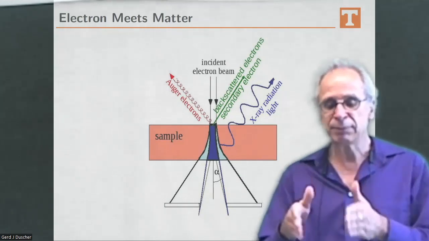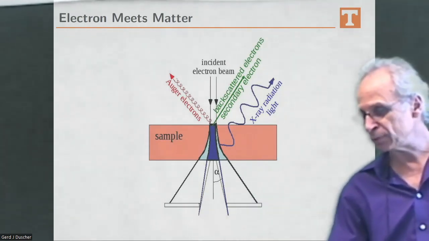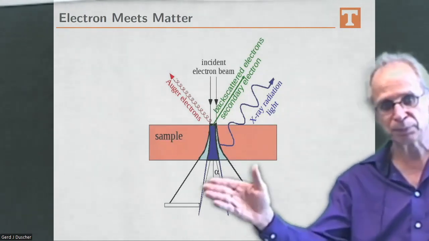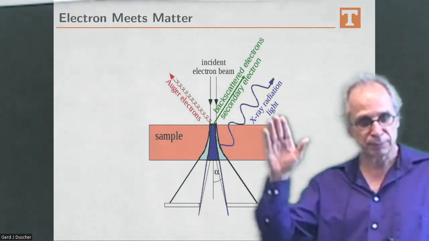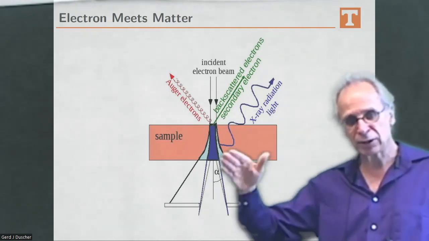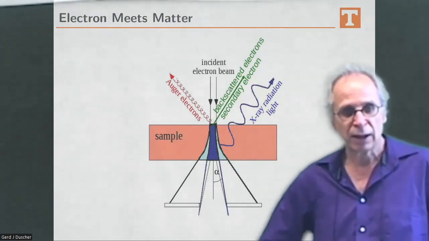It can scatter. That means within the sample, instead of going straight through, you scatter to this side, so your interaction volume is increasing.